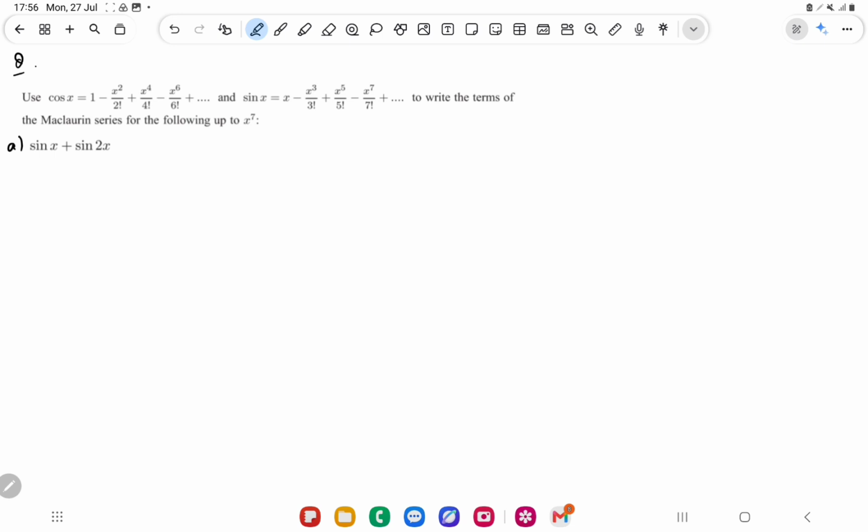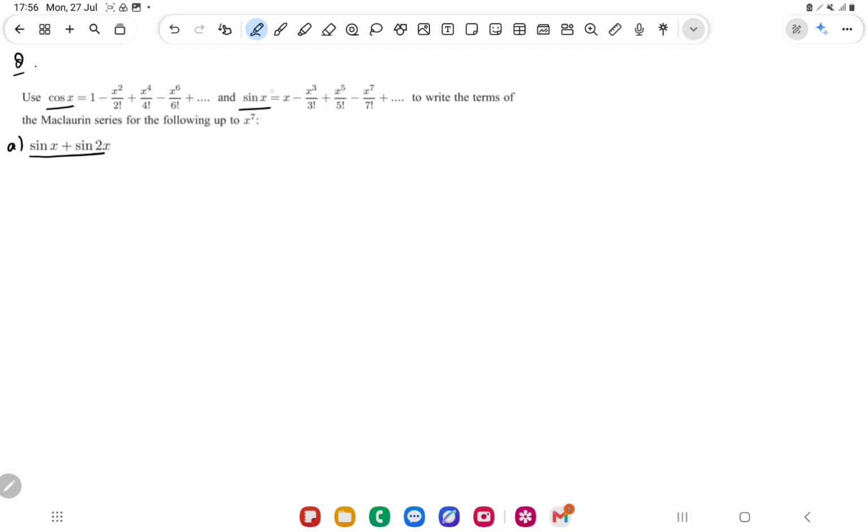Now let's solve some of the questions that involve addition, subtraction, division, integration of the function using Maclaurin series. Now in this question we are given cos x Maclaurin expansion and sin x Maclaurin expansion. Now we have to write the terms of the Maclaurin expansion for sin x plus sin 2x.